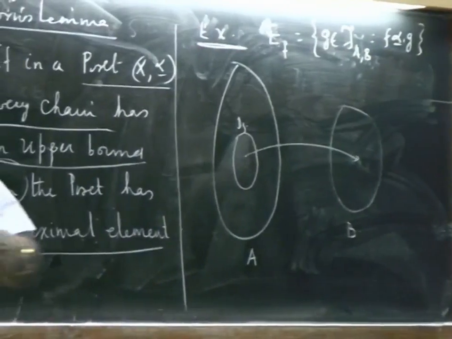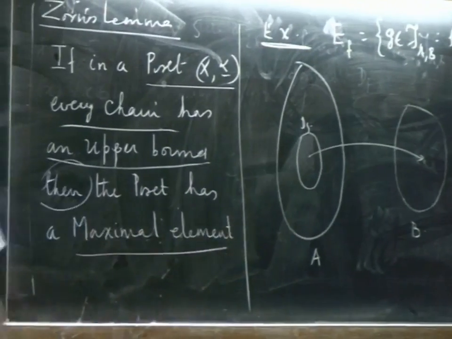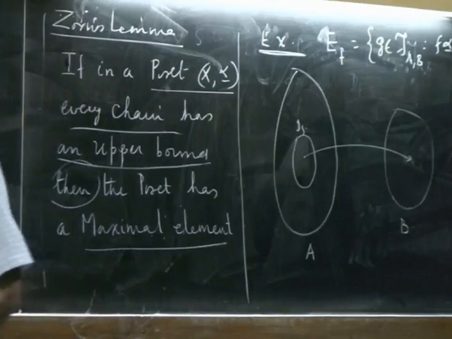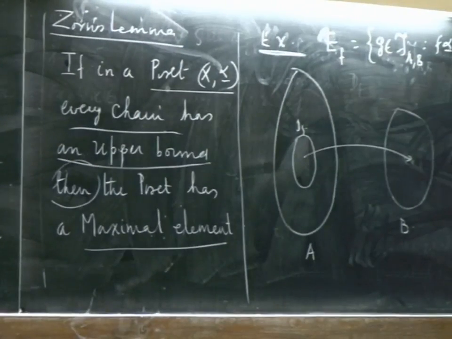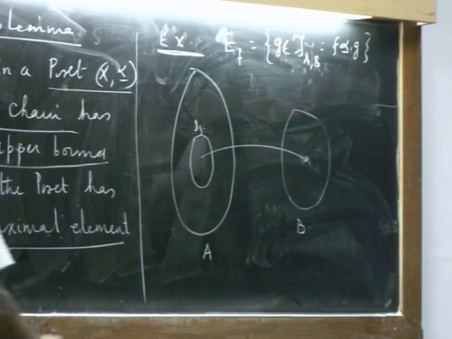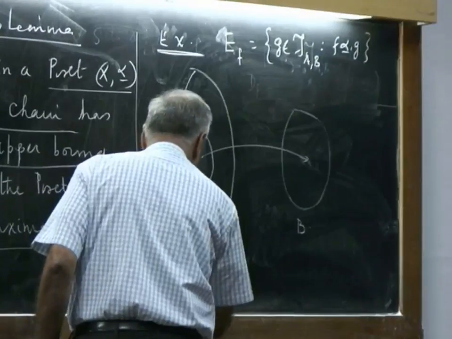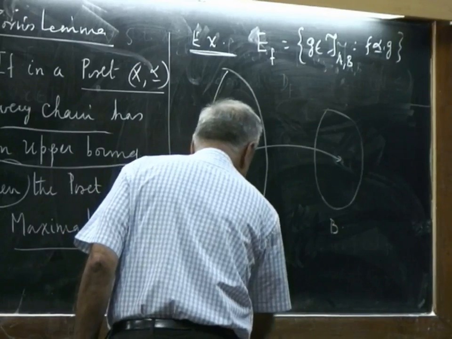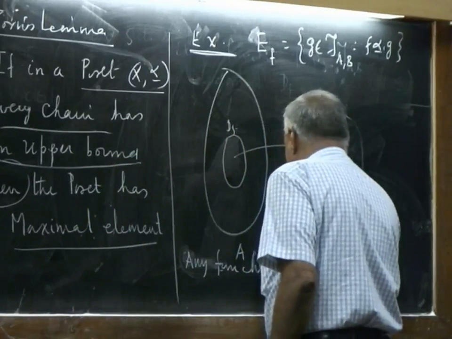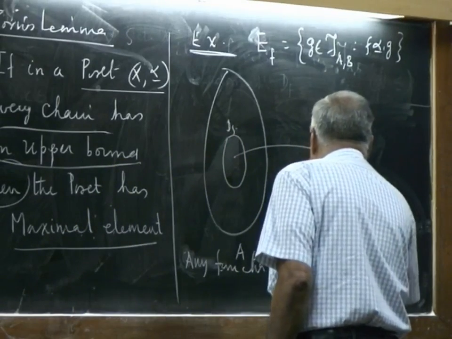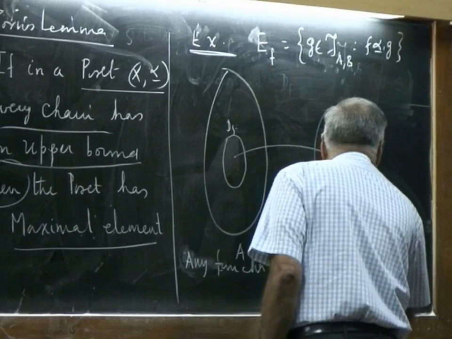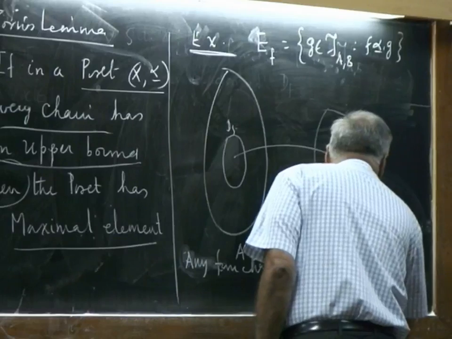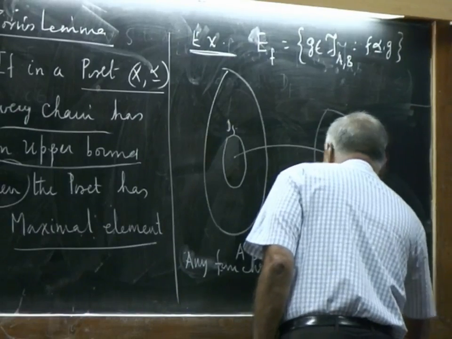A function which is defined on all of A such that its values coincide with the values of f on the set Df. That is a maximal element. So any function h mapping A to B such that h(x) equals f(x) for every x in Df is a maximal element.